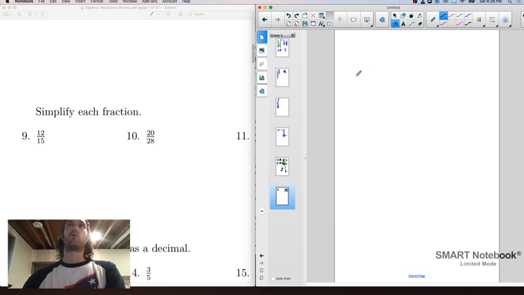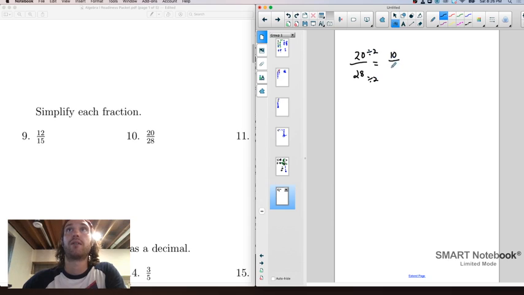Okay, let's do 20 over 28. If you don't know the GCF, you can just keep dividing by numbers that you do know they're both divisible by. For example, I know they're both even, so I know I can divide by 2, even though 2 is not the GCF. You just have to be careful and check and make sure that your answer is simplified when you're done.